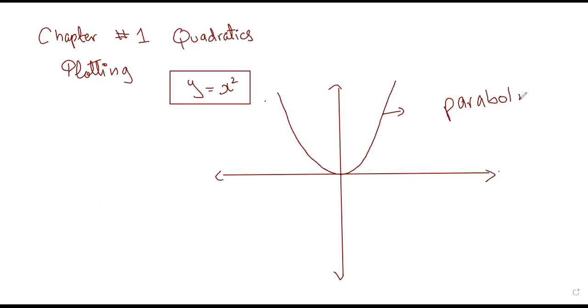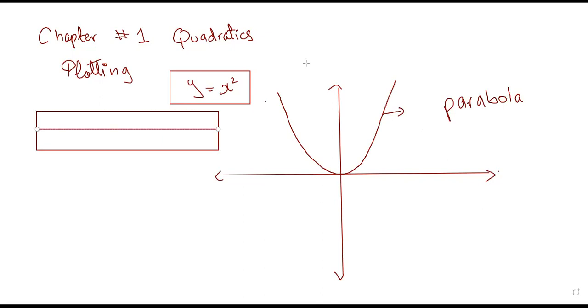This is how we plot it. And why do we plot it this way? For this, you can just take some random values of x and the corresponding values of y.